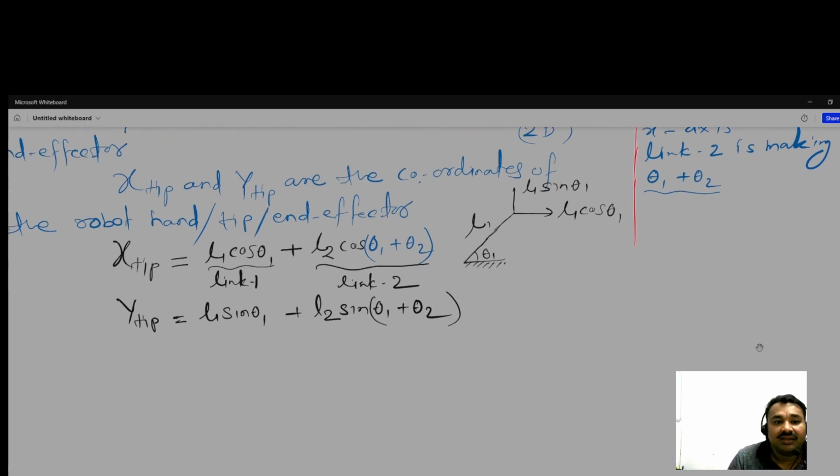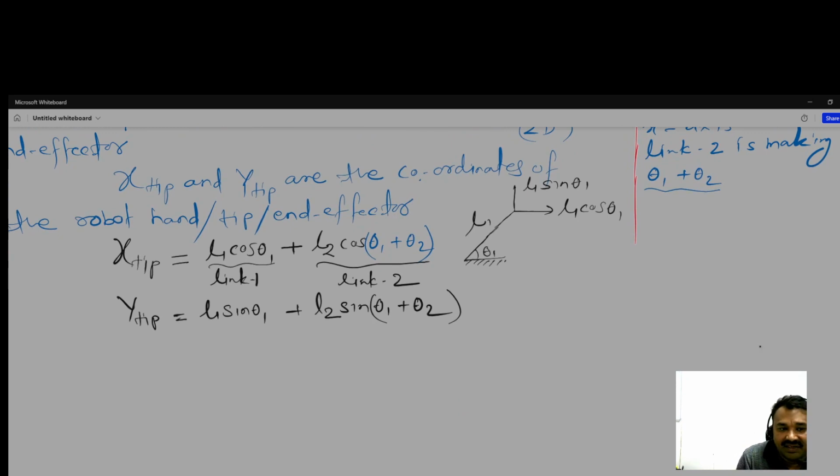In this way we have two equations. Now we have to differentiate with respect to time.